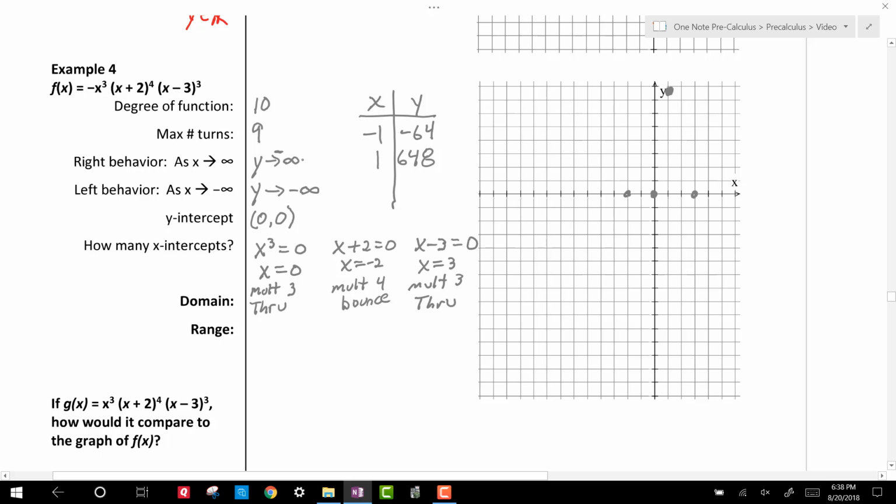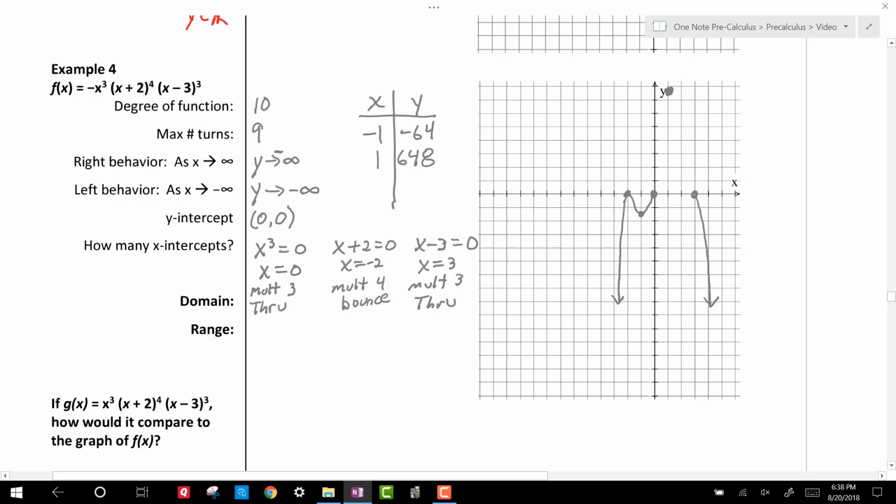Notice my right behavior goes down. It's degree 10, so the left behavior goes down. There is a bounce at negative 2, and my negative 1 value is, let's see here, we had a bounce at negative 2, so the bounce should be happening here, and at negative 1, that would make sense because at negative 1 I was at negative 64, so a bounce off of here would come back down, around.